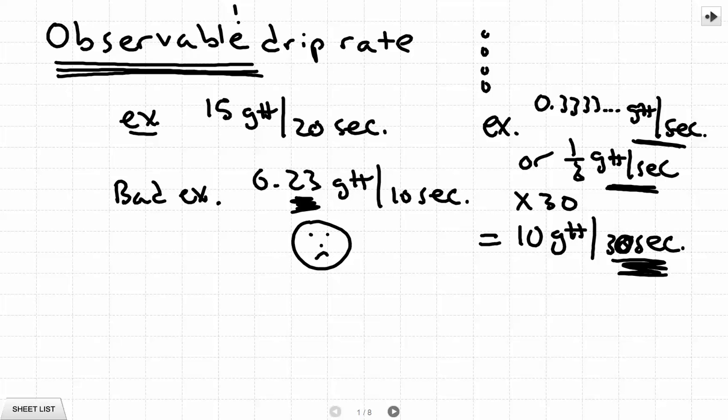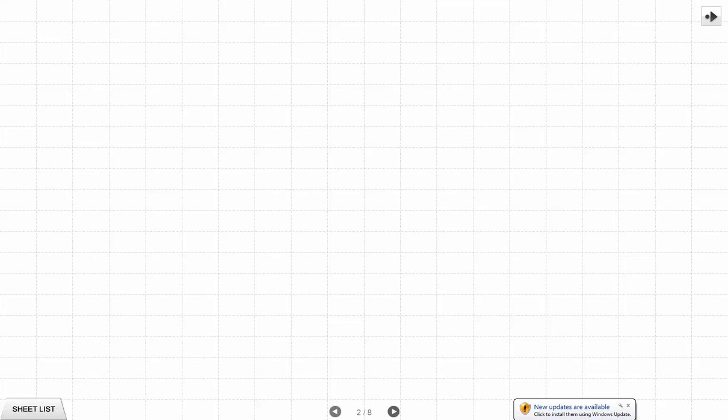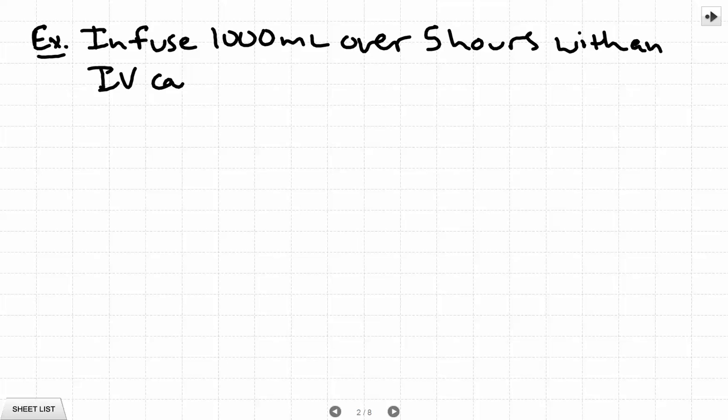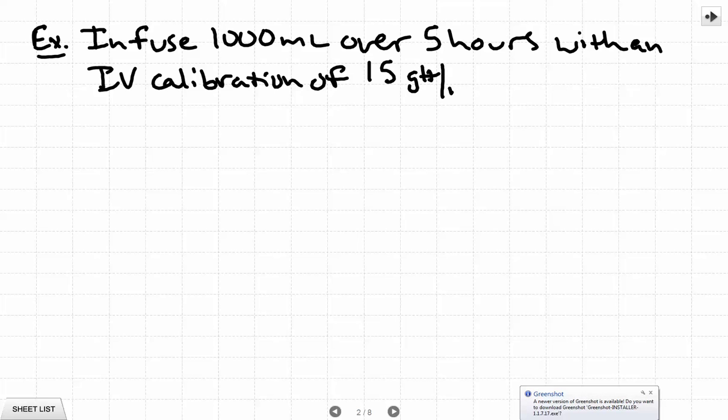So let's move on to an actual problem. Suppose we are given the following. You want to infuse 1,000 milliliters over 5 hours, and you're working with an IV calibration kit that is set at 15 drops per milliliter.